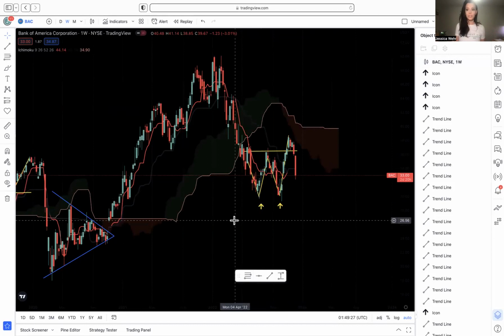So what are patterns? Historically, stocks have shown patterns within price action. So what does that mean? How the stock has gone up or down has created patterns. And these patterns can indicate where a stock could go, if it could rise or fall. So obviously patterns are not a for sure thing.